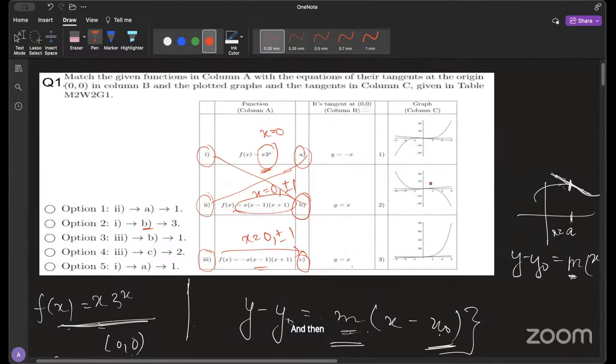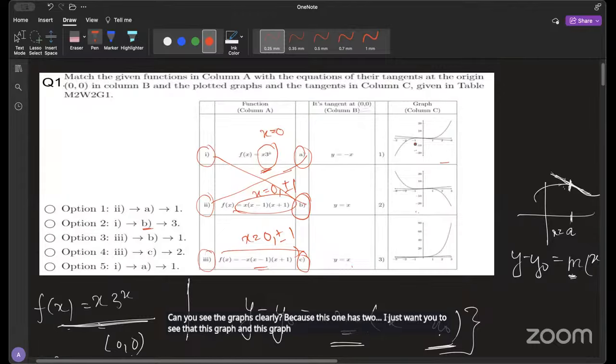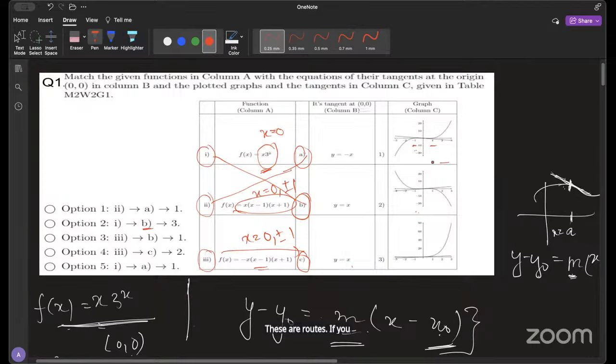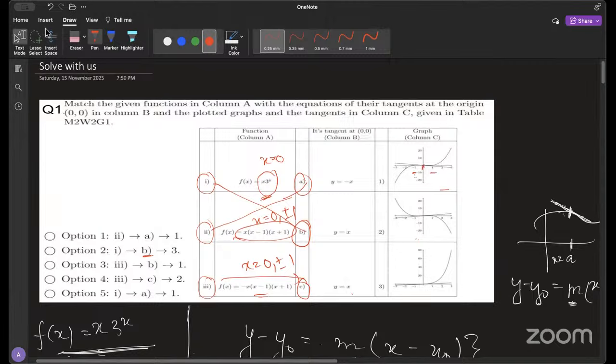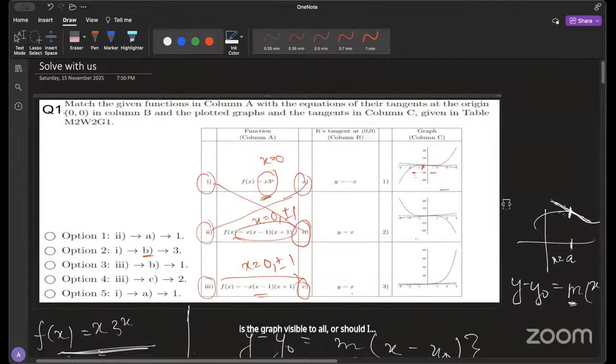And then looking, let's just, can you see the graphs clearly? Because this one has two, I just want you to see that this graph and this graph have roots at -1 and 1. These are roots, if you can see it. So this one has roots at -1, 0, and 1. Should I zoom it? Is the graph visible to all, or should I increase this?